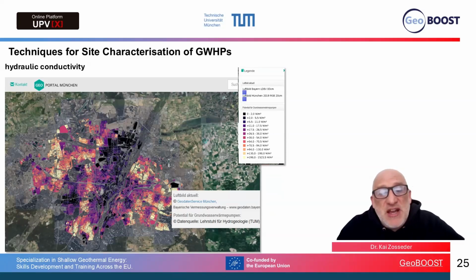For example, if you use a heat pump and a temperature spreading of 5 Kelvin, then with my technical volume rate that I can abstract from the underground, and a temperature spreading of 5 Kelvin, which is used in this example, we can calculate how much heat we can abstract at a specific point, what you see here.